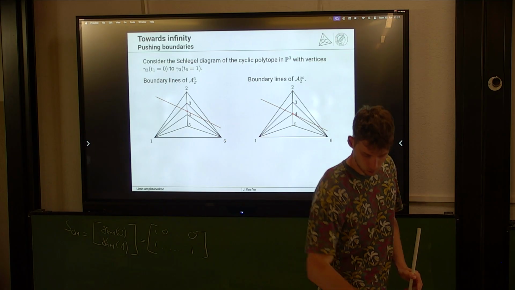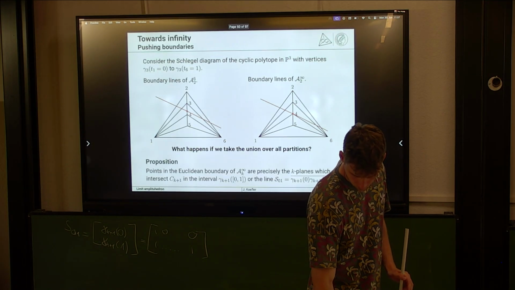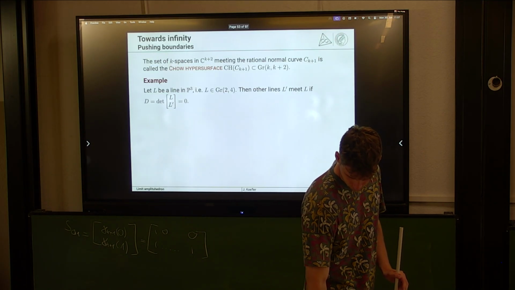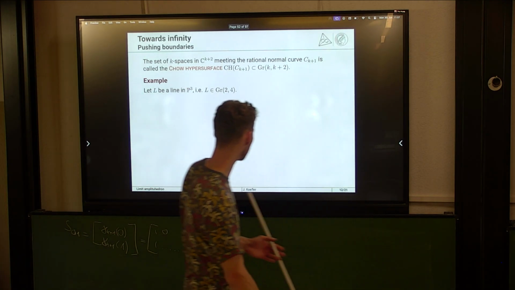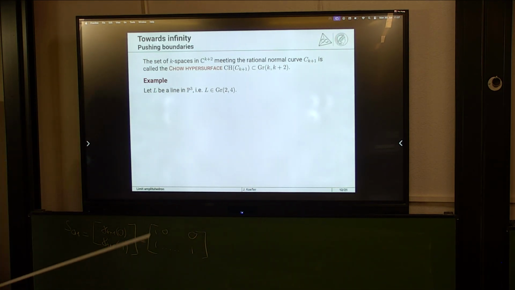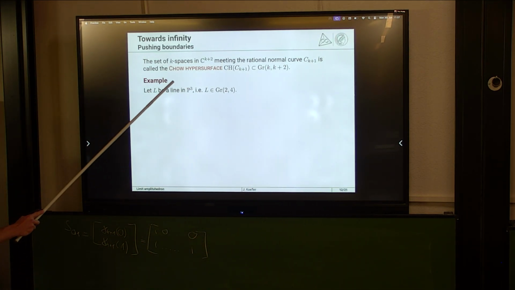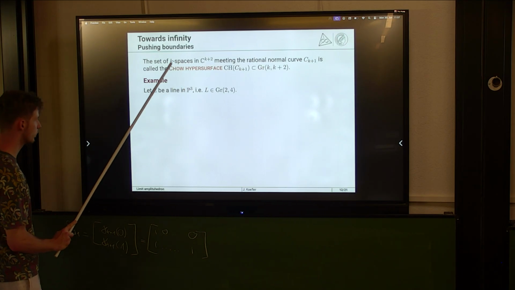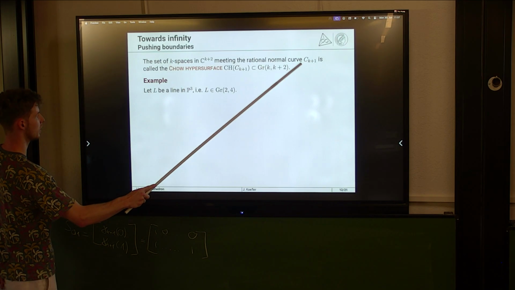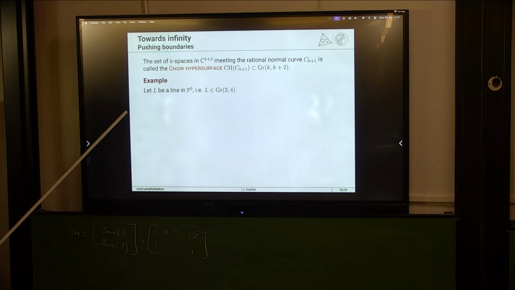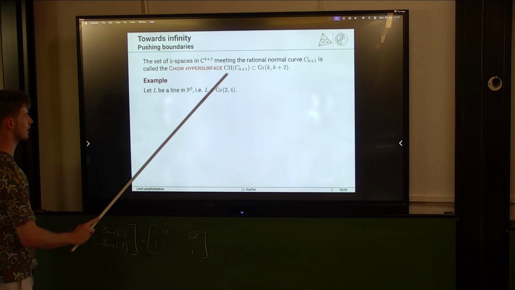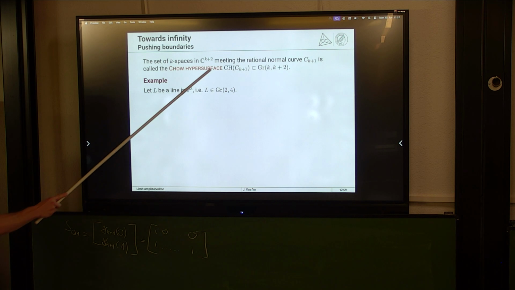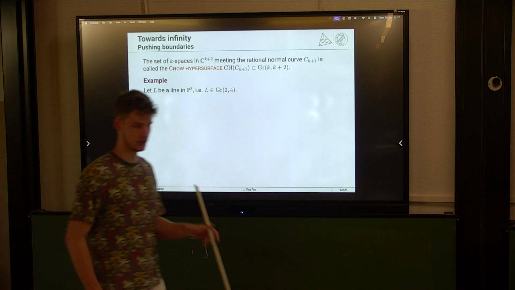Okay, so Chow hypersurfaces. I want to introduce this notion of a Chow hypersurface. As I said, the Chow hypersurface of the rational normal curve C_{k+1} just keeps track of all the k-spaces intersecting our rational normal curve C_{k+1}.